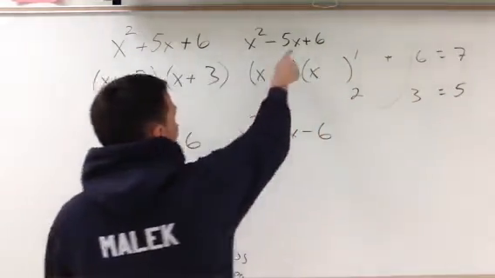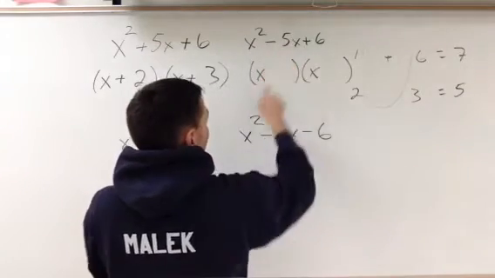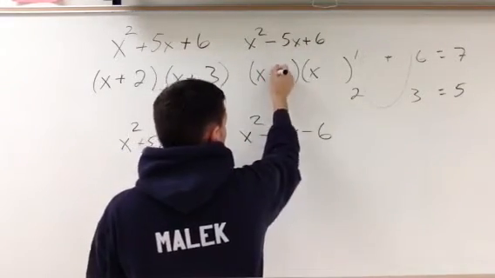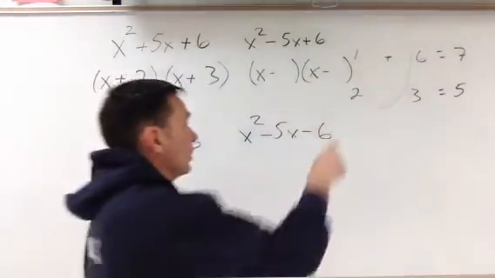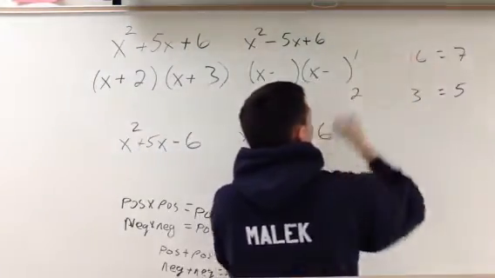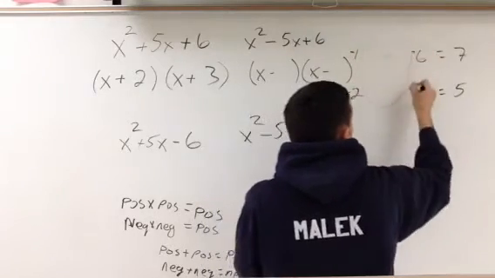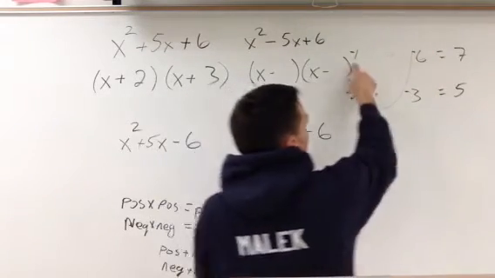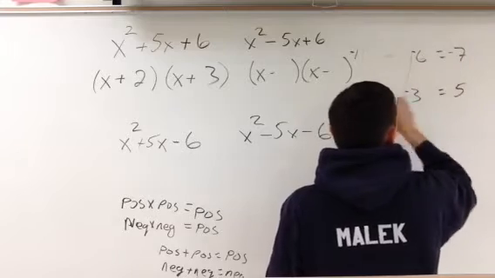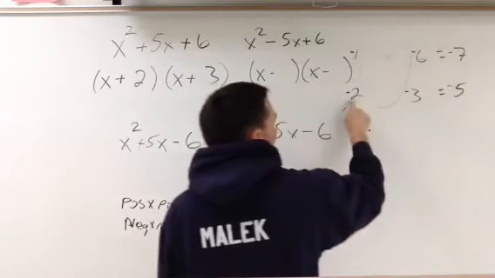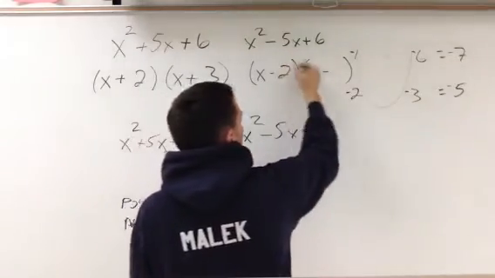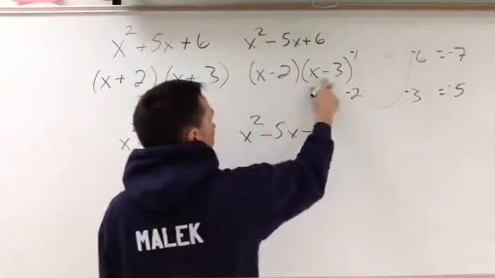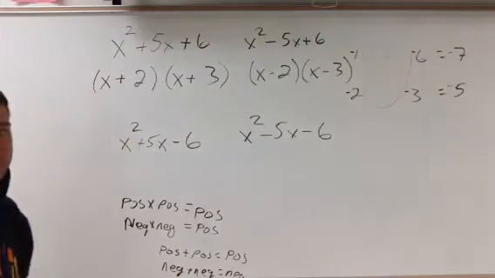So instead, because that's negative and that's positive, those two answers need to be negative, which forces my factors over here to both be negative. Negative 1 and negative 6 is negative 7, negative 2 and negative 3 is negative 5. Again here, we're going to be using 2 and 3. So my x minus 2 and x minus 3.